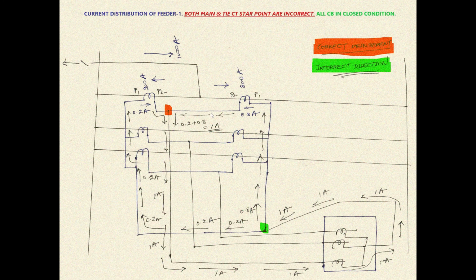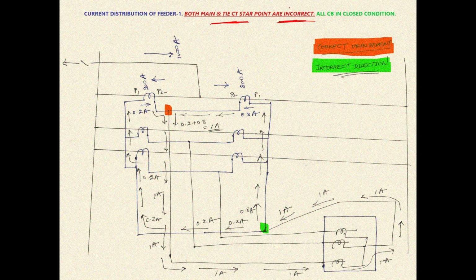Now, in this particular slide, what I am considering is that the condition is the same, the current distribution of figure 1 only, but both your main and tie CT star points are incorrect. So if you see over here, both main and tie CT star points are incorrect.